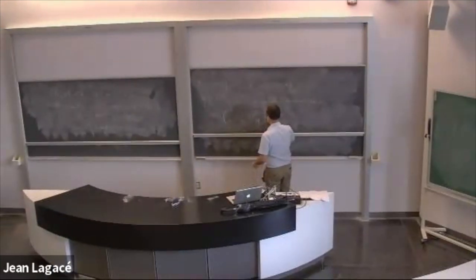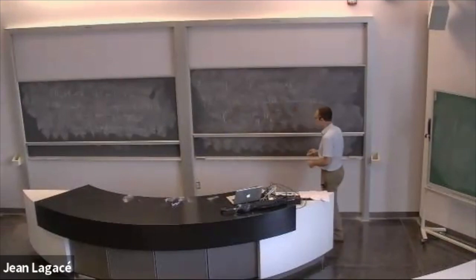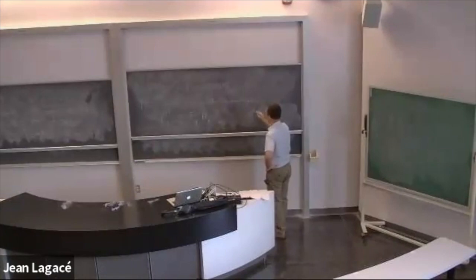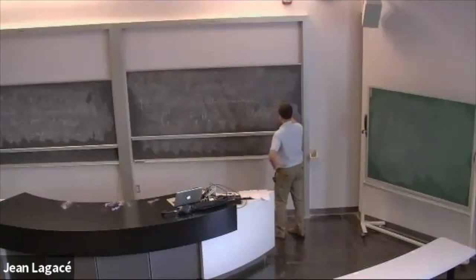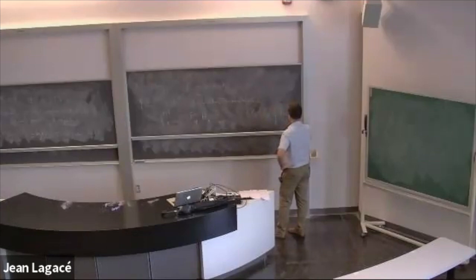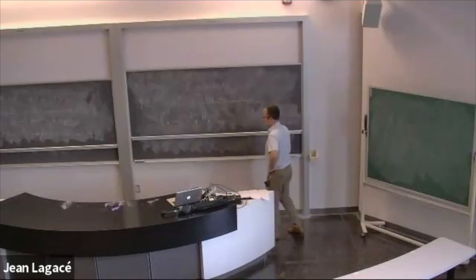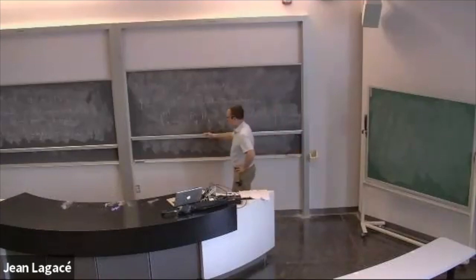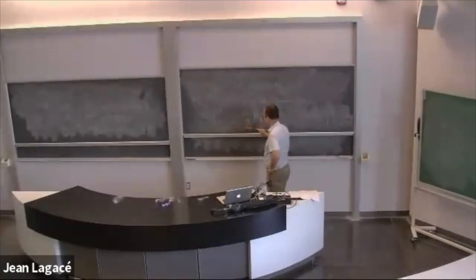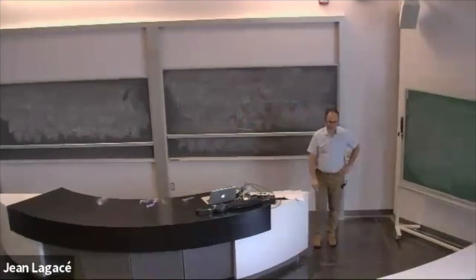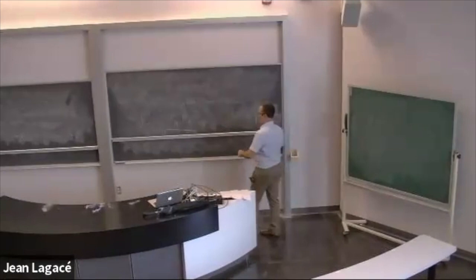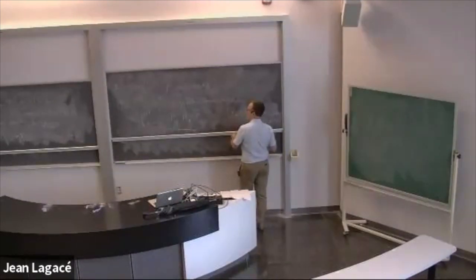I shouldn't introduce too many different notations, but P_n psi at index n is simply psi_n if n is in 0 to n minus 1, and 0 else. So this is called the operator with Dirichlet boundary conditions on the interval 0 to n minus 1. And so here you set the vector psi equal to 0 outside. This is the operator with Dirichlet boundary conditions in finite volume.